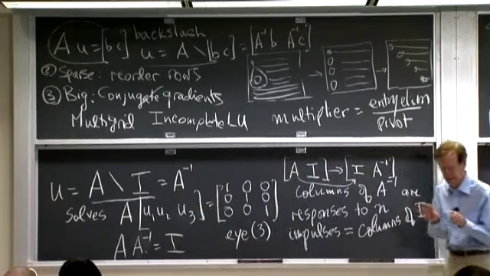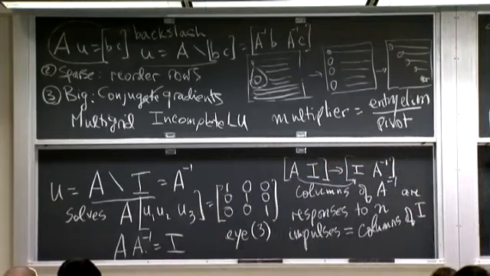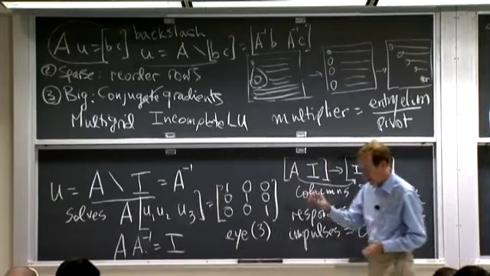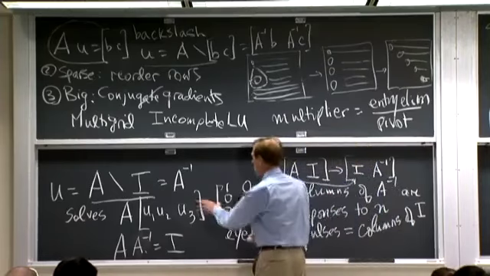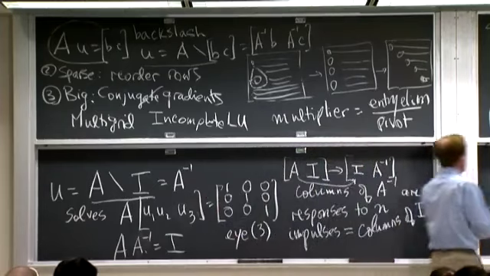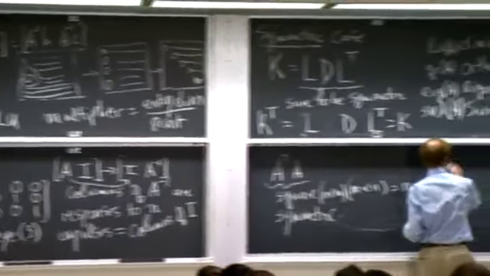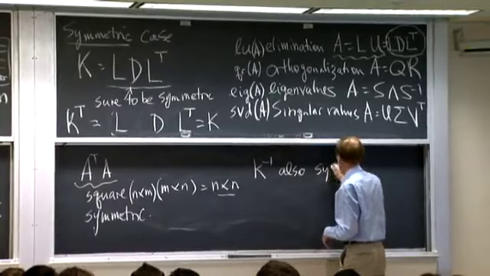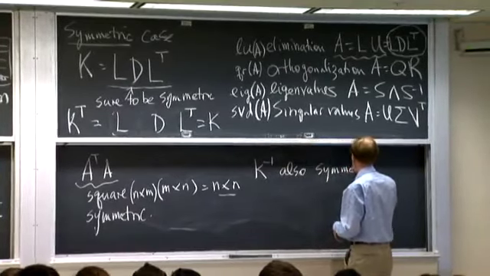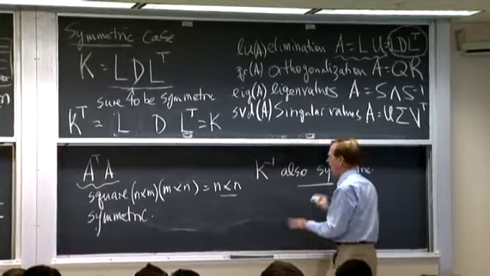The answer is yes. If a matrix is symmetric, its inverse is symmetric. These symmetric matrices are a fantastic family. So I could add that to this: K inverse will also be symmetric, without having yet said why.